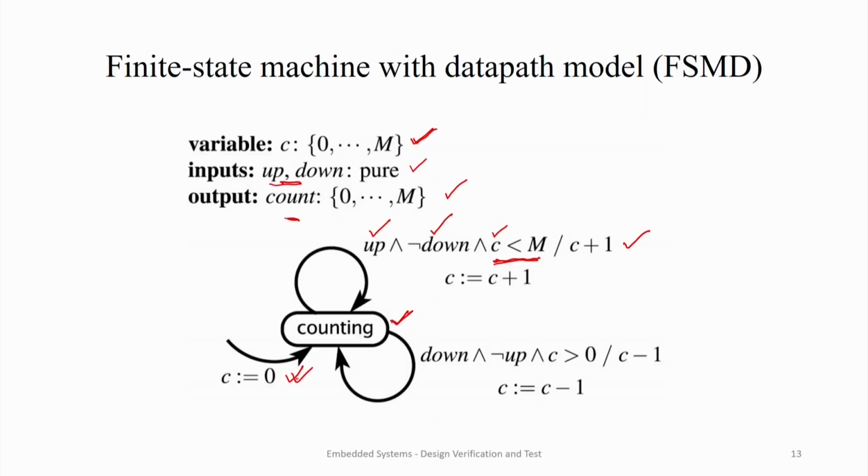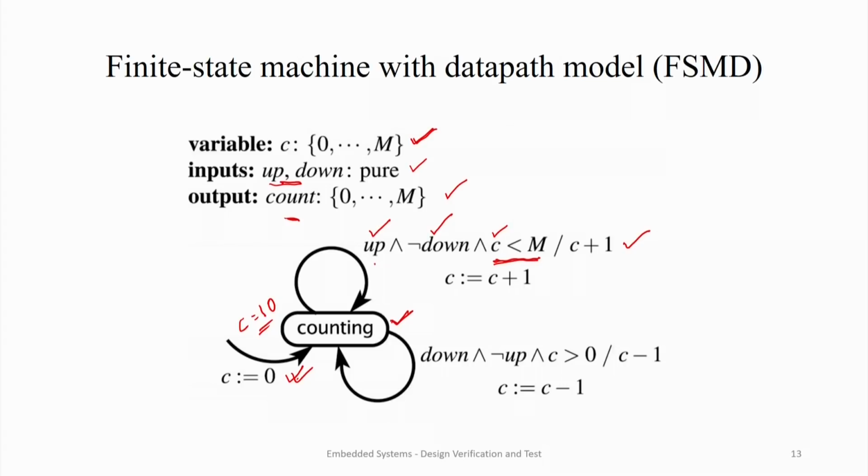Initially C is 0, there are no cars in the garage, but at a certain point in time, when cars have entered and cars have gone out, this C value will hold. Let us say C equals 10 at a given time. You have 10 cars in the garage. Now, at that point in time, you have up equals 1, down equals 0, and let us say the capacity of the garage is 20 cars. So, C is less than M.